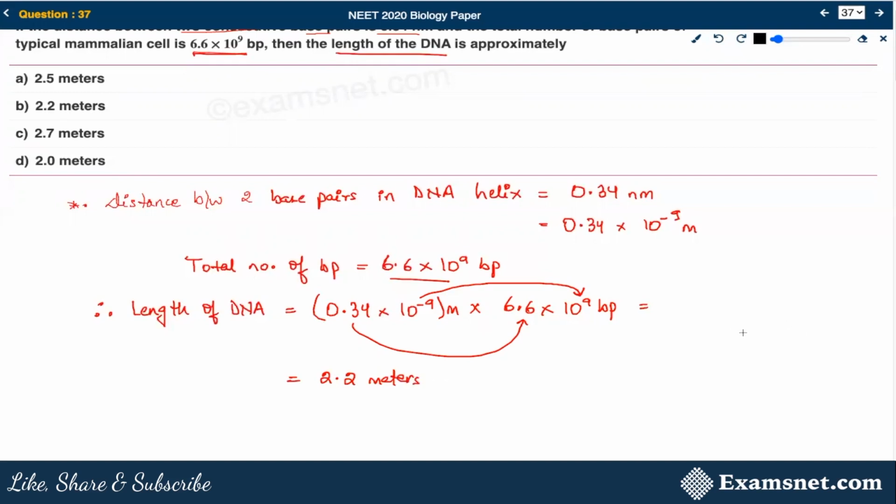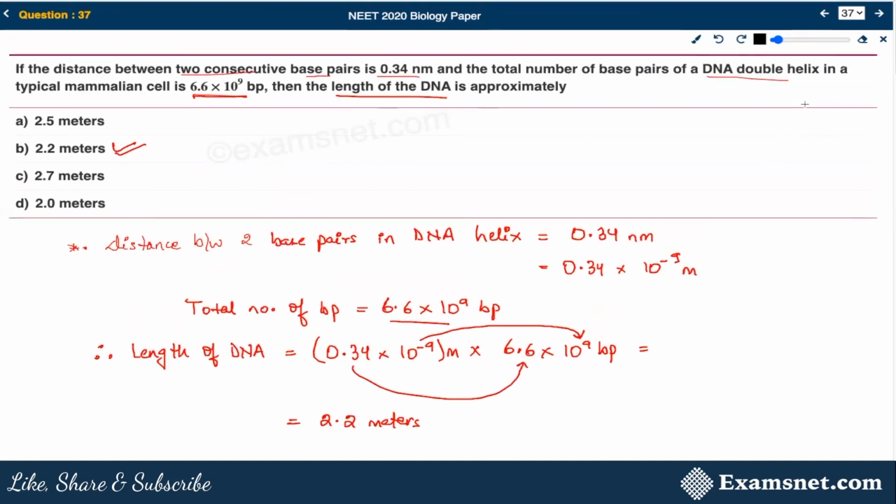So that's why the answer will be option B, which is 2.2 meters. Clear? So this is the 37th question. Now, let's move on to the next question.